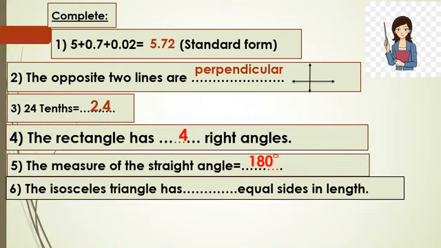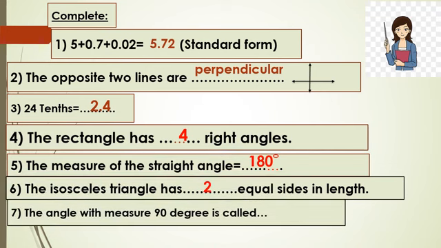Number 6. The isosceles triangle has how many equal sides? It has two equal sides. Number 7.